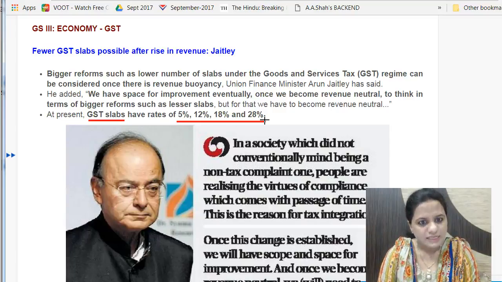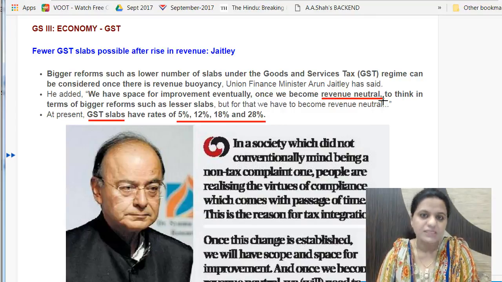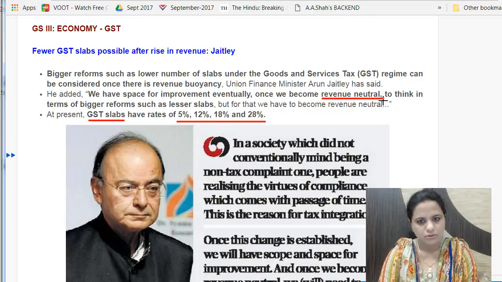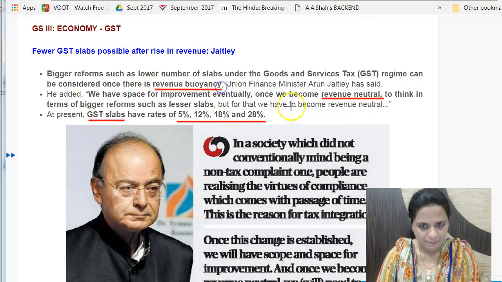So the number of slabs will be reduced once revenue neutrality is achieved. Revenue neutrality means that the revenue which the government was earning before implementation of GST is achieved with GST implementation also. Once there is revenue buoyancy, we are at a particular level, then we can think of reforms in GST and reduce the number of slabs.